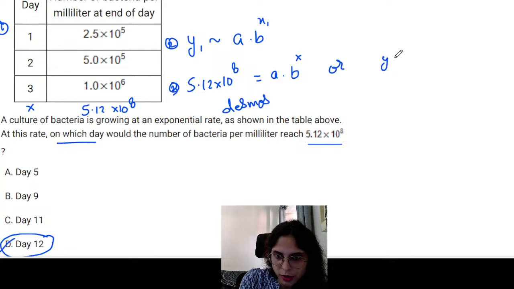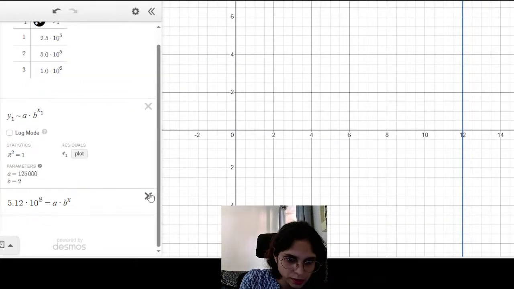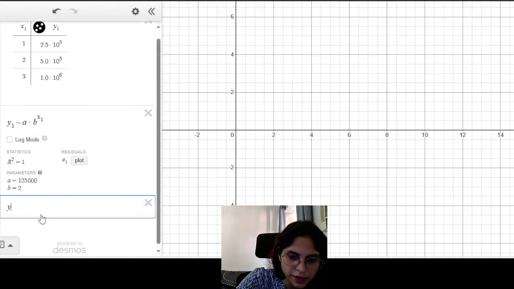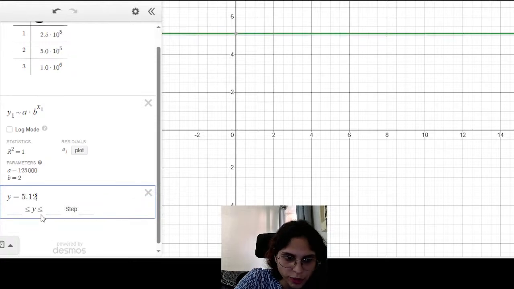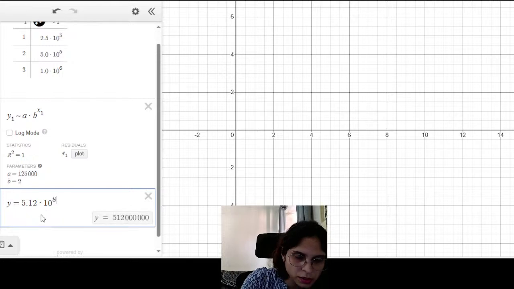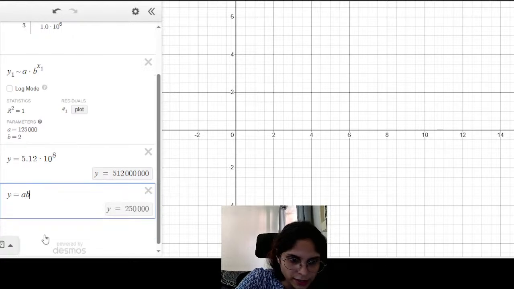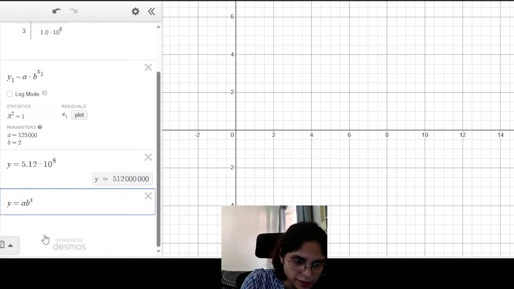Or you can write y equals 5.12 times 10 to the power 8 and y equals a times b to the power x. You already have the graph. So you can just write y equals 5.12 times 10 to the power 8, and a times b to the power x.